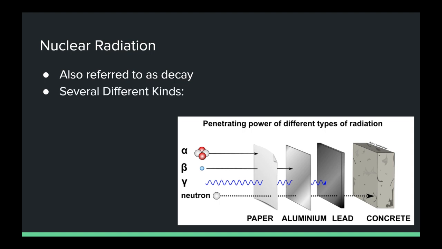So, there are several different kinds we're going to be speaking about today. The types we're going to speak about are alpha, beta, gamma, and delta. Neutron, I'm sorry. Neutrons are the bonus we're discussing today. So each type can be thought of as decay, and they're differentiated by the method of particle emission.